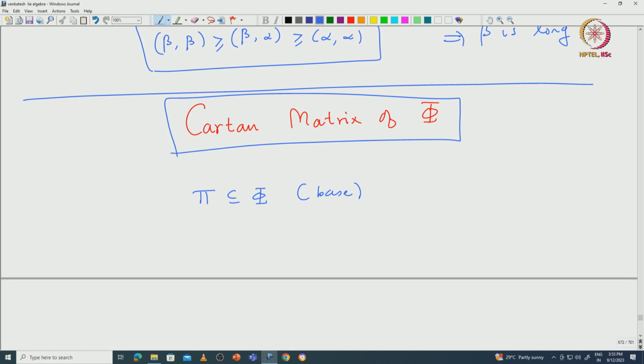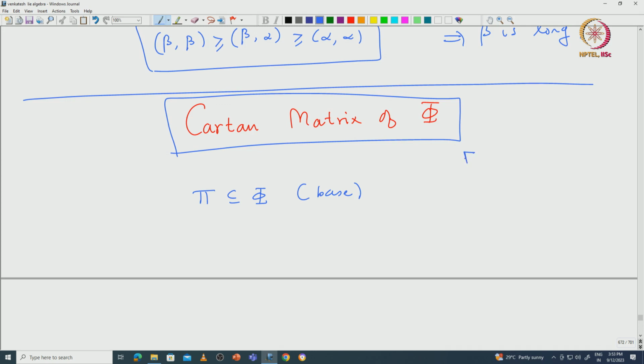So, that tells us that any root can be obtained as a combination of these simple roots of pi, and every successive combination is again a root. Okay. So, that in some sense motivates that pi indeed generates phi. So, more or less pi possesses all the information about phi. Let us make that more precise.